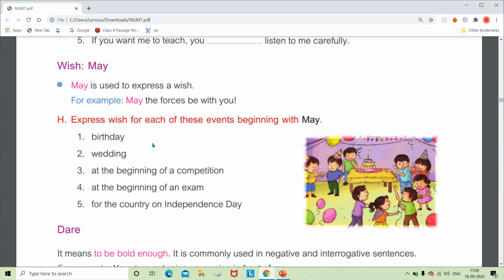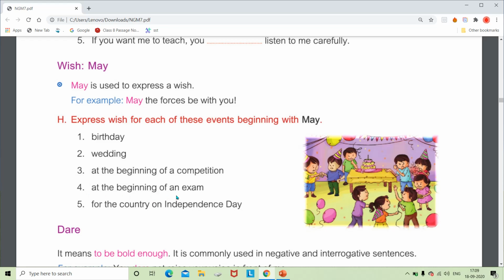Third, at the beginning of a competition, what do we say? Best of luck, right? So let's say: may the best team win! Or else: may your team win the competition!